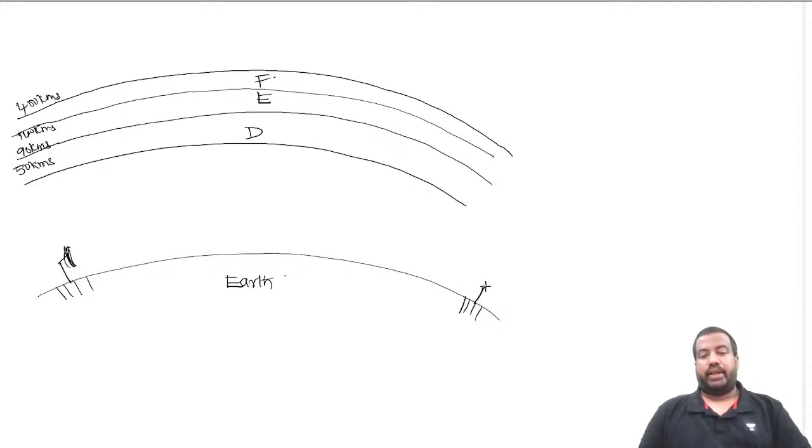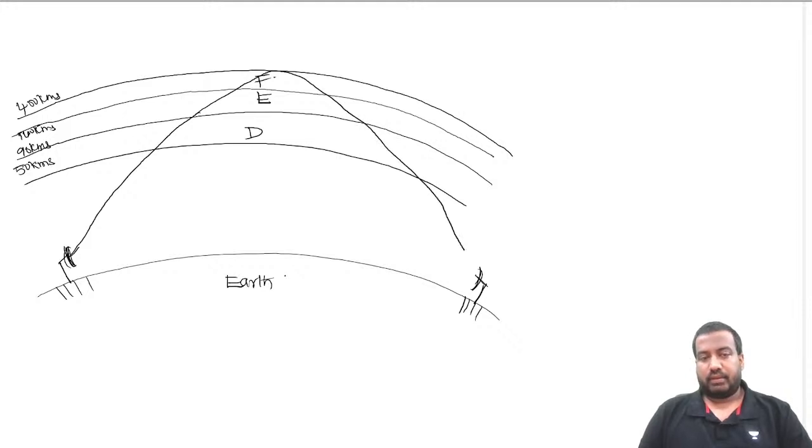What I'm trying to tell you here is the maximum incident angle for which the wave is reflecting back from the F layer is got to be 74 degrees.